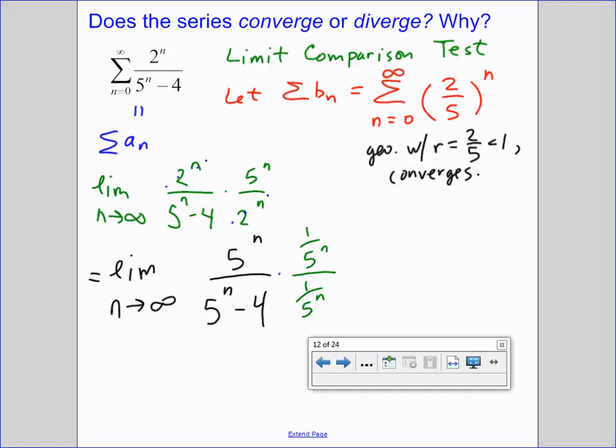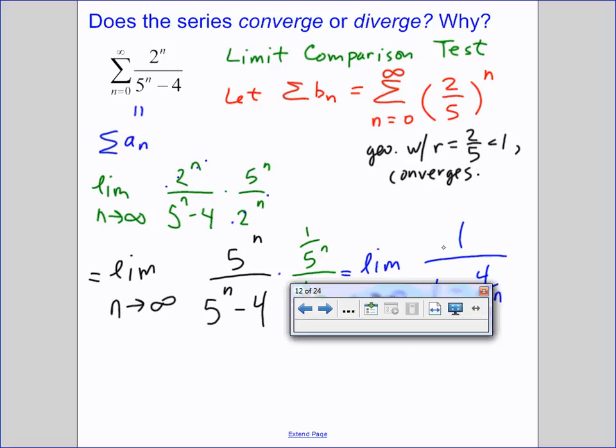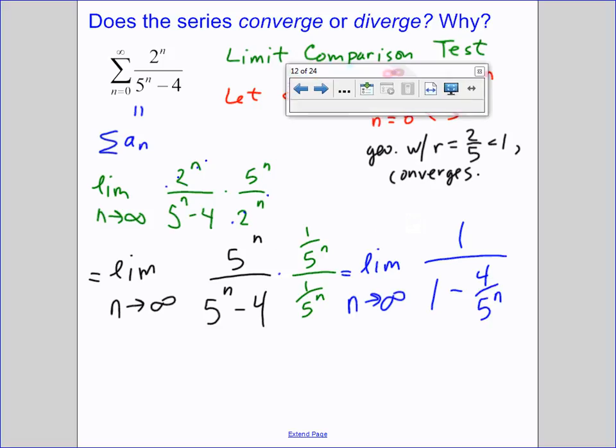So watch what happens. Doesn't this equal the limit as n goes to infinity of 1 over, and then 5 to the n times 1 over 5 to the n is 1, minus 4 over 5 to the n. Did that help us at all? Well, certainly.